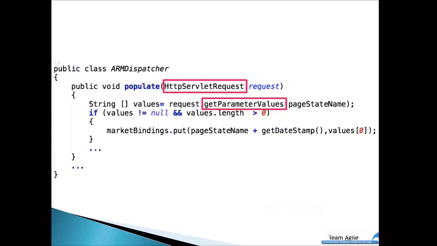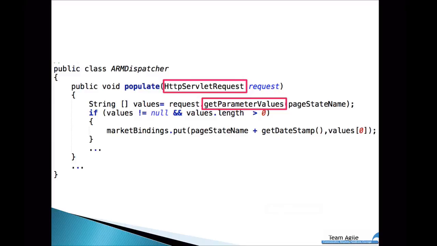HTTP context has how many methods, do you know? 117. I have no idea how many, but definitely around that. And here, in this class called armDispatcher, it only uses a single method of that class to do its bidding.